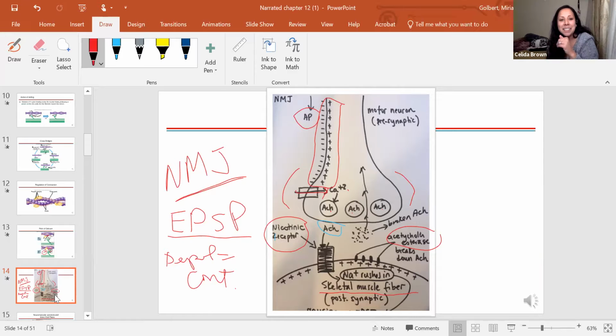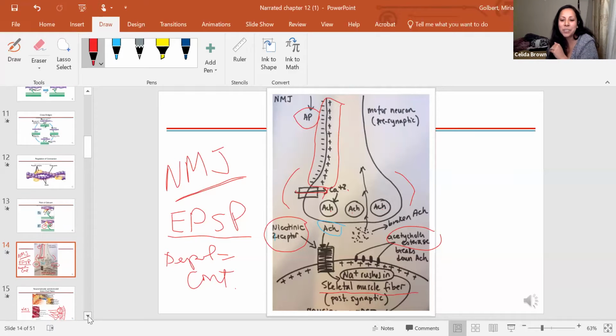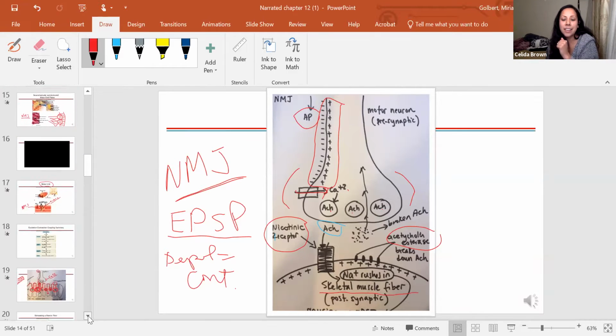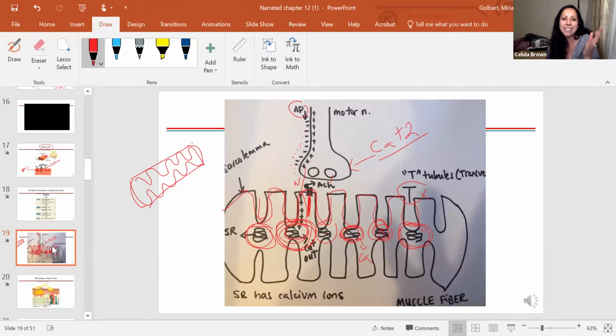And then calcium rushes in, which causes depolarization, or an excitatory postsynaptic potential, I think it was. The action potential then travels down to the sarcolemma, which would be the muscle fiber.